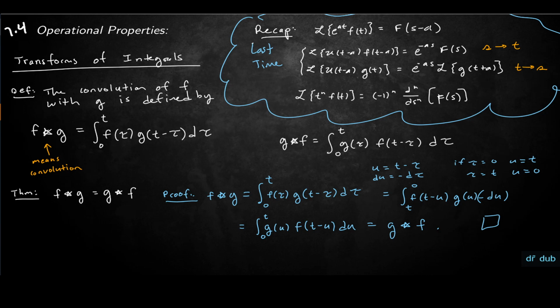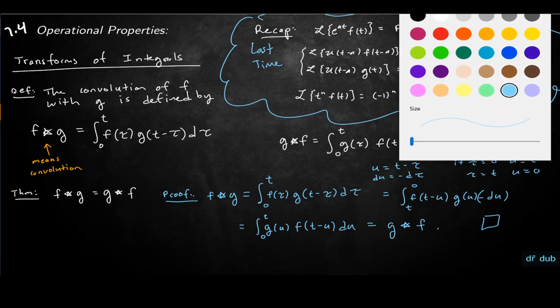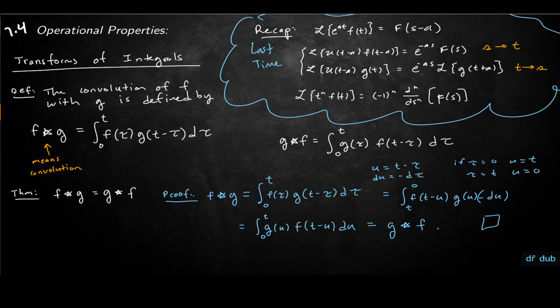So this convolution thing is what we call symmetric. So this means convolution is symmetric. Some people might say commutative.